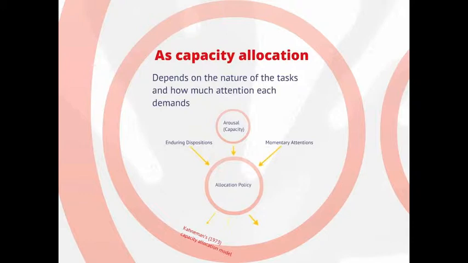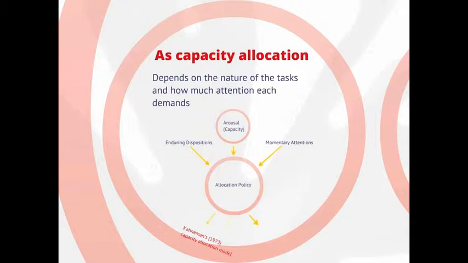So the cardinal example of that is someone calling your name. This is something that you in particular are tuned to, but other people might not have that enduring disposition to respond to that. So when someone calls your name, in some ways you have no choice but to put some attention to that, because your body, your mind has already built the pathways to automatically respond and focus attention when someone calls your name, whether it's someone you know or whether it's someone you don't know.